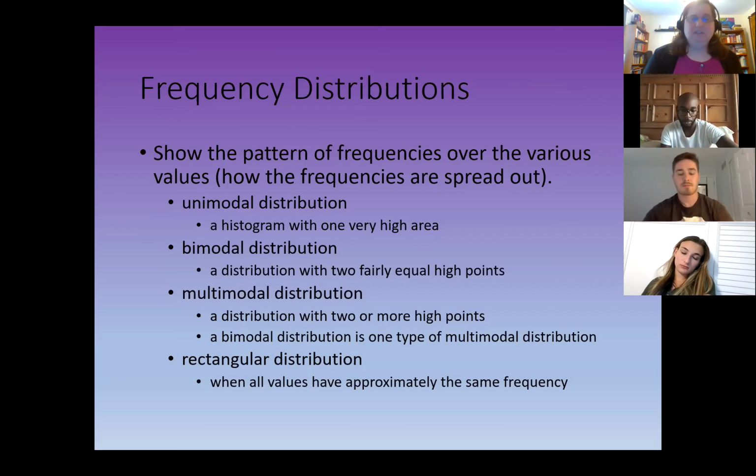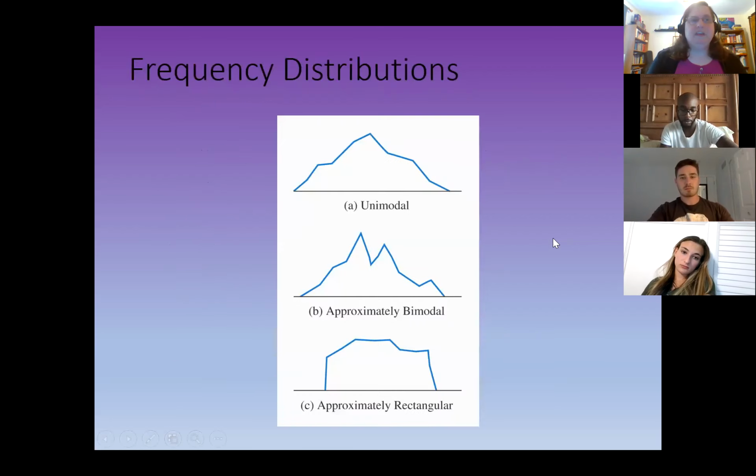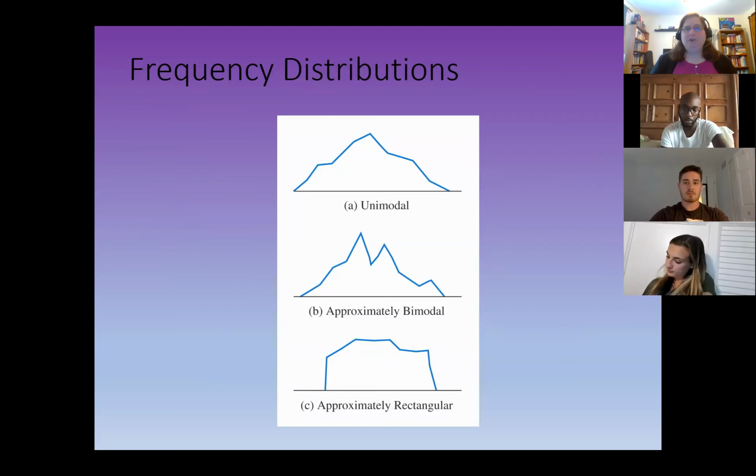Okay. So let's look at some pictures of these. Here is a unimodal on the top, an approximate bimodal beneath, and an approximate rectangular on the bottom. Okay. So I like these drawings just because they're not perfect, and when you collect data, nothing's ever perfect.